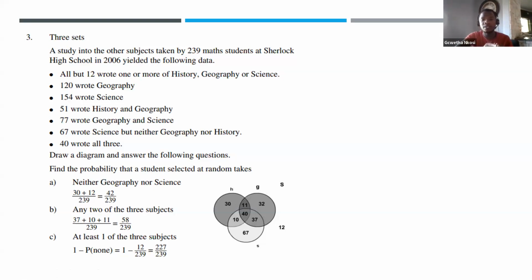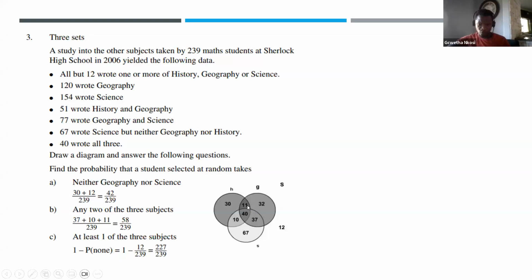You've got students that will take history and science only. We are looking at those intersections: history and science only, history and geography only, science and geography only. So let us look at those where only two of those three subjects are intersecting.